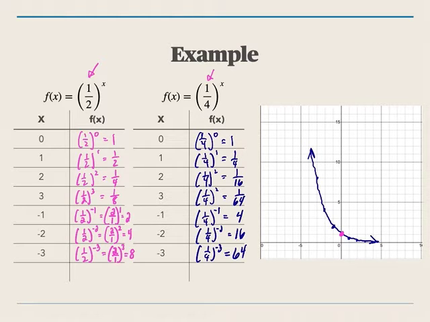He starts at that 0, 1 again, but at 1, he's already down to 1/4. At 2, he's down to 1/16. I can't graph 1/64. At -1, I'm at 4. At -2, I'm at 16. It's way up here, and I can't graph past that.